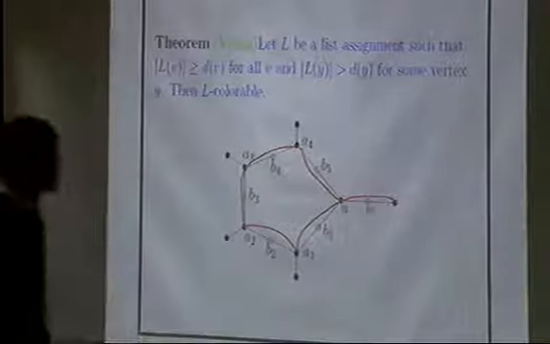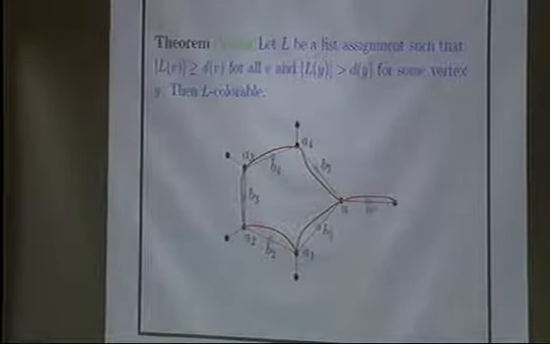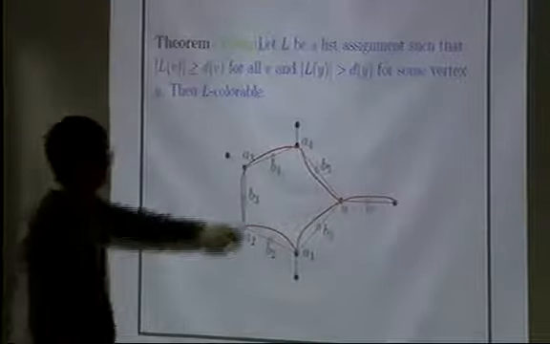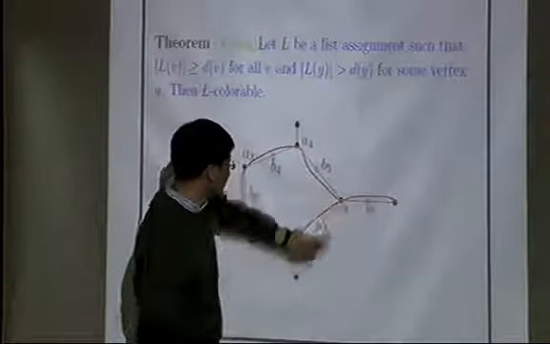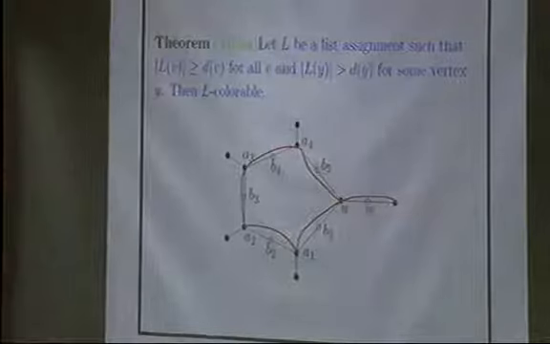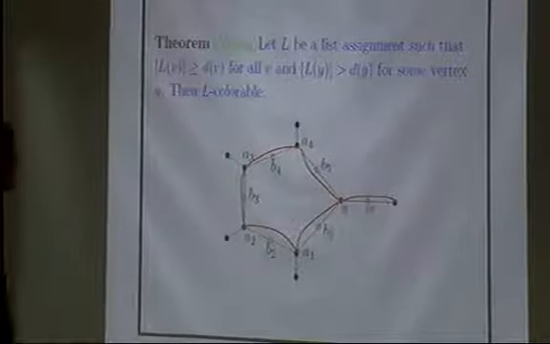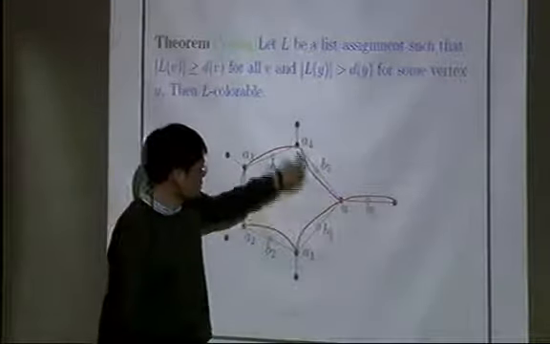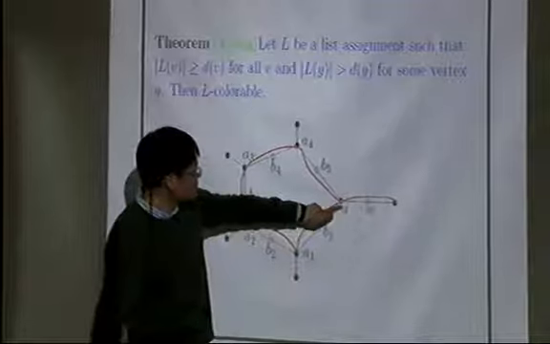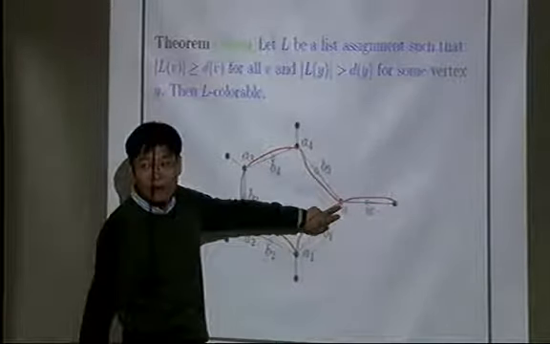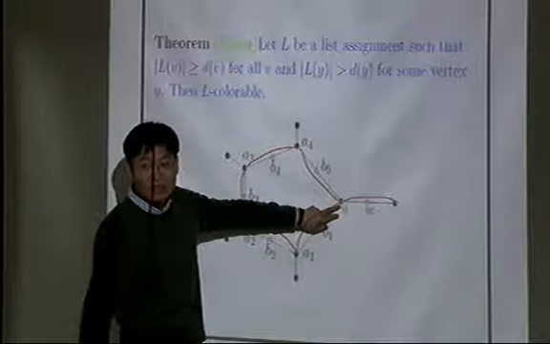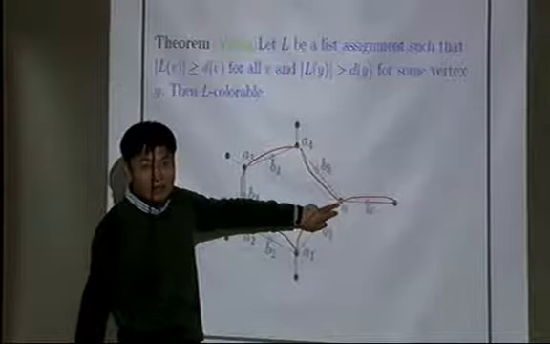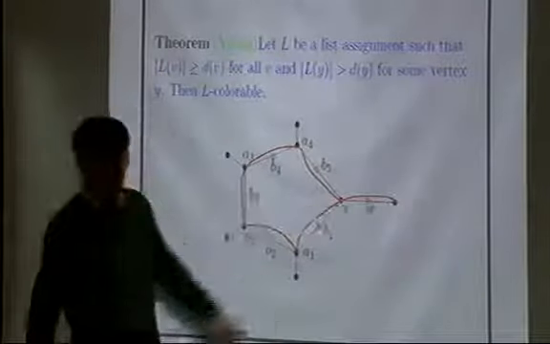Wait a minute. In my slide, the Y means U. Oh, okay, right. U has 3 neighbors, but it has list size 4. Suddenly it's very confusing.